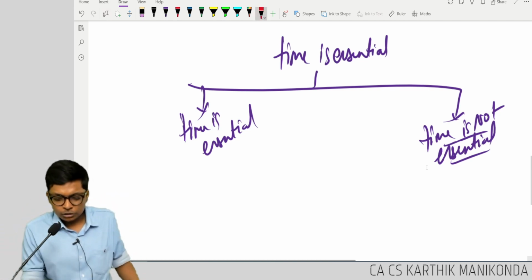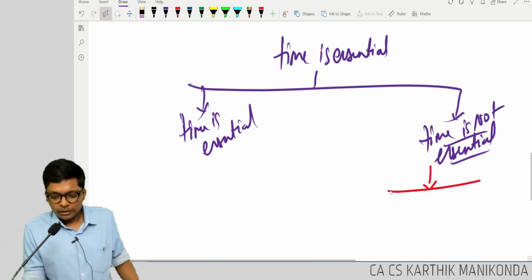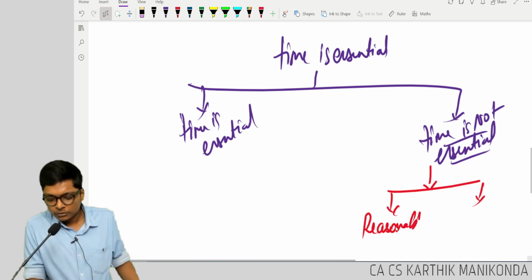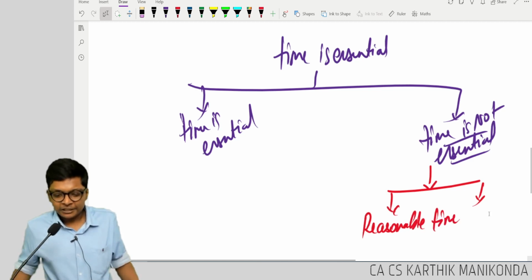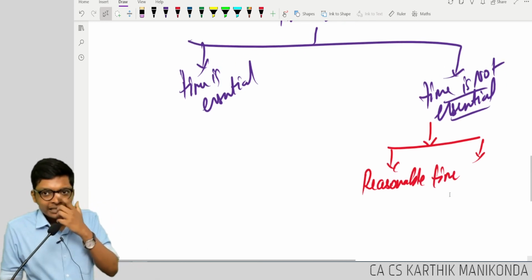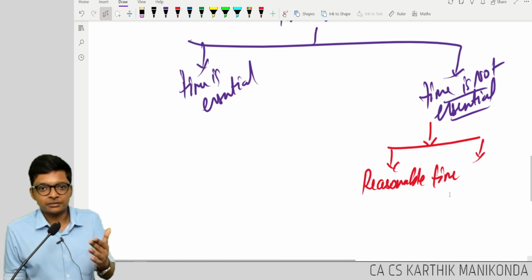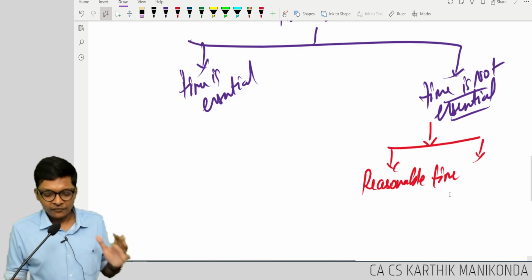So where time is not essential, you will check whether delivery is within reasonable time. Just because time is not essential, he can't deliver the shirt after 6 months. Size will change. Okay, fine.